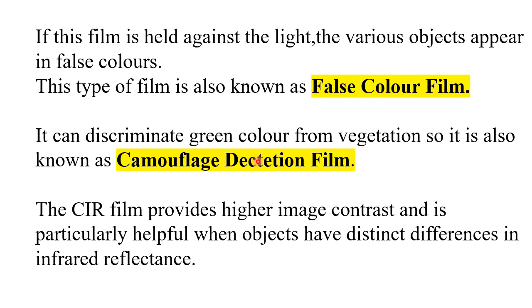Generally, army uniforms are in camouflage color. Camouflage or cryptic coloration is the same as the surrounding color. The CIR film provides higher image contrast and is particularly helpful when objects have distinct differences in infrared reflectance.